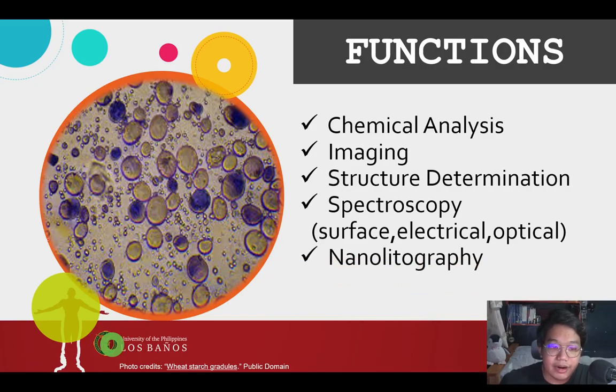So, yung nanolithography ay application siya ng nanotechnology wherein nilalagay mo yung fabrication ng inyong nanomolecules sa surface nung ating material. So, meron tayong patterns na very detailed yung pagpa-pattern in such a way na yung difference is in 100 nanometers. So, by then, we can see that through the microscope.